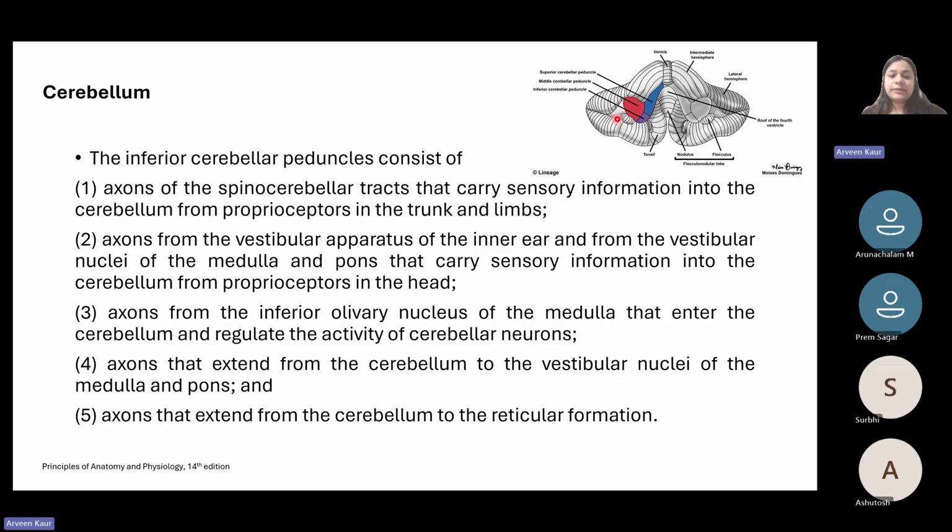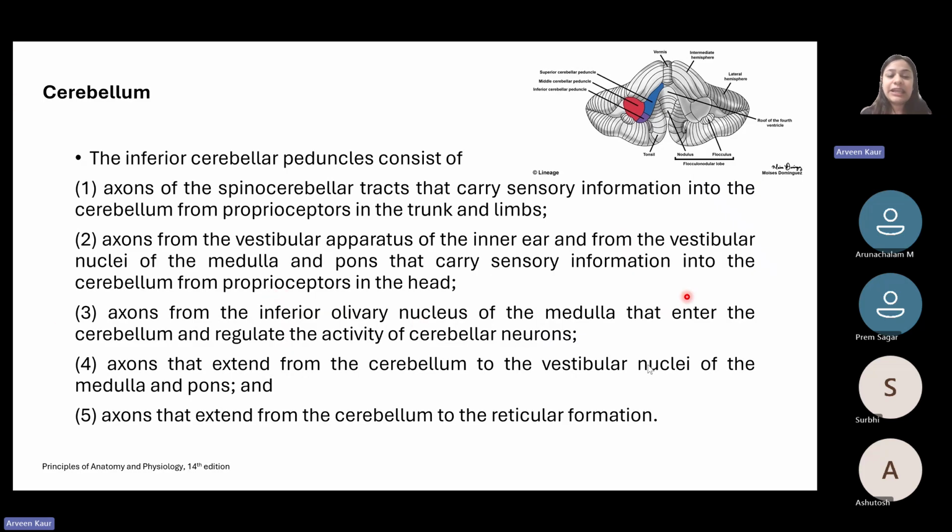The inferior cerebellar peduncle consists of axons of spinocerebellar tracts that carry sensory information into the cerebellum from the proprioceptors in the trunk and limb. So, Sir has already taught what proprioception is, right? It is the ability to have knowledge of where one's own organs are. The axons from the vestibular apparatus of the inner ear and from the vestibular nuclei of the medulla and pons carry sensory information into the cerebellum from proprioceptors in the head.